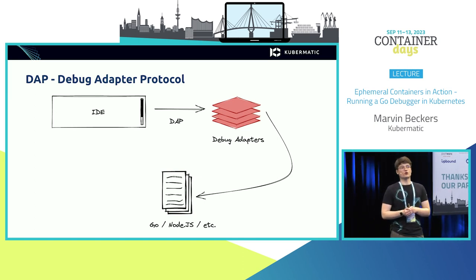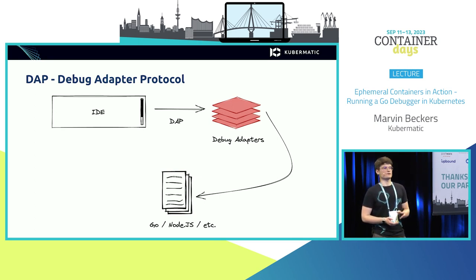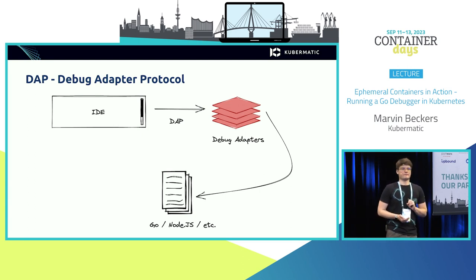Delve actually has its own protocol for remote debugging, but we're not that interested in it because it's Delve-specific. The idea behind DAP is that you have an adapter between your IDE or your tooling of choice that is supposed to debug your application and the actual debugger.